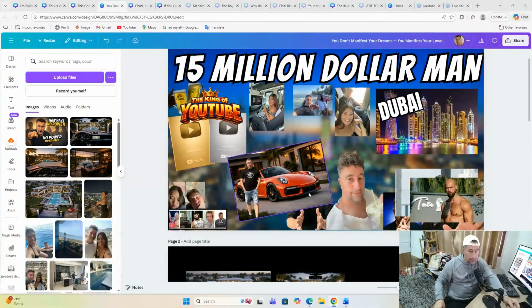And this is what you need to do, no matter if you do a digital vision board or you do it old fashioned. I used to do this back in the day. You go to the store, Walmart, Target, Walgreens, wherever you're from, and you buy a poster board. Sometimes I would buy big poster boards.